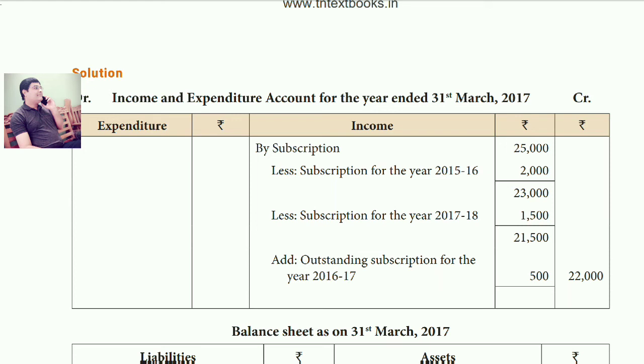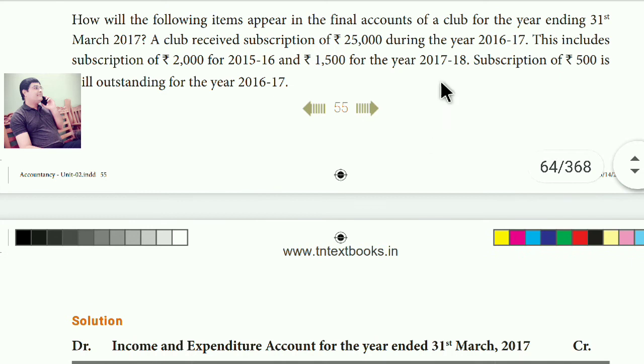So we have to less it because it is a previous year subscription. 2,000 rupees less, you will get 23,000. This is 2015-16, but we are preparing for 16-17, March 17. Next, 1,500 for the year 17-18 subscription.